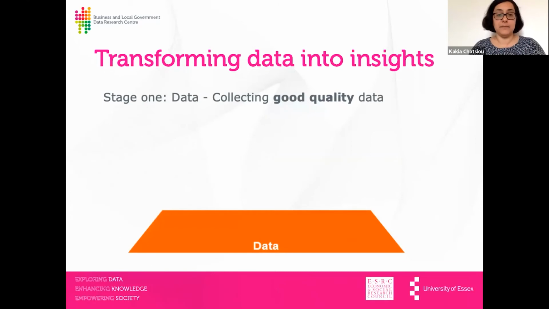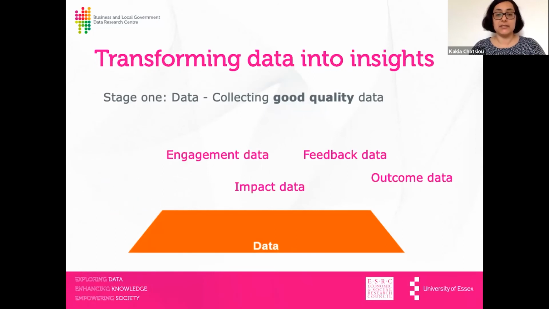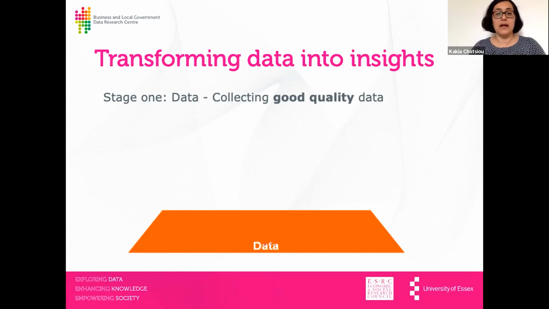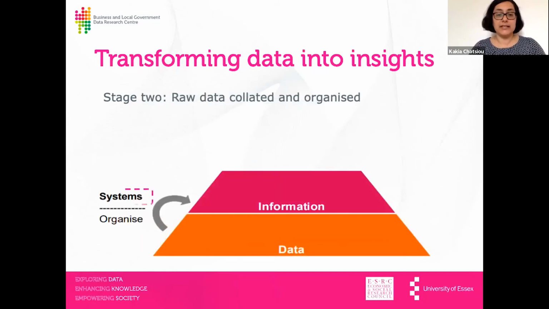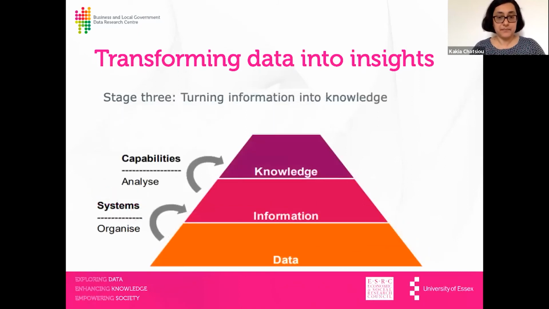The first step would be collecting good quality data, of course. And we're just showing loads of different types of data that could go in. You then need to look at systems and the information, organize that information, then look at ways to analyze it to move from raw data into some form of knowledge.